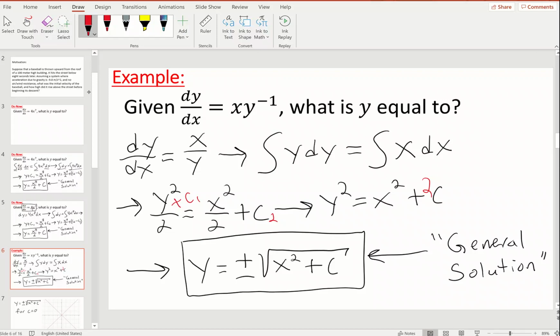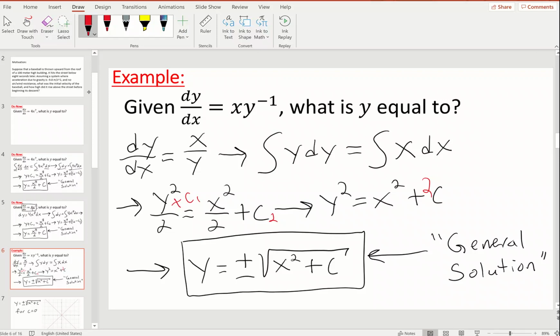Okay? Now moving forward, solving for the general solution. Again, general solution is just isolating y so that you have it written as a function of x. Since we're applying the radical to both sides, I should have a plus or minus operator at the front of the right expression. Okay, and so this is your general solution.